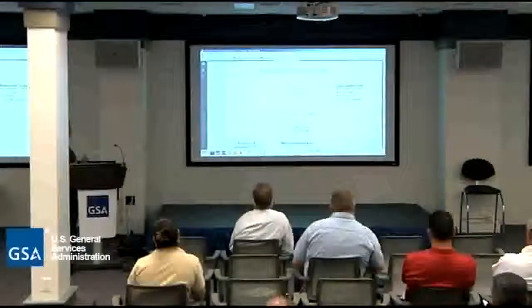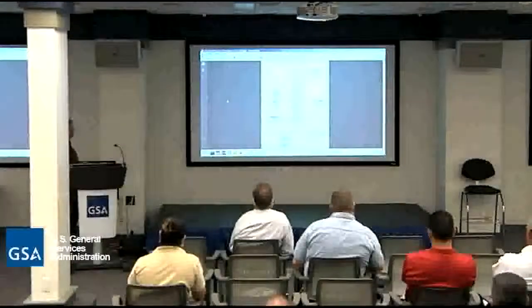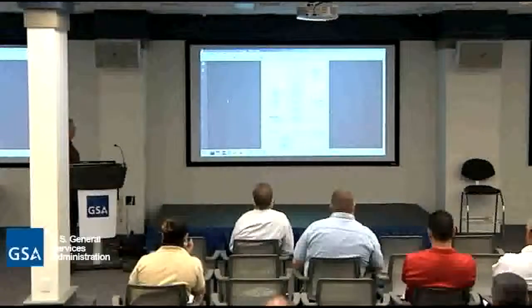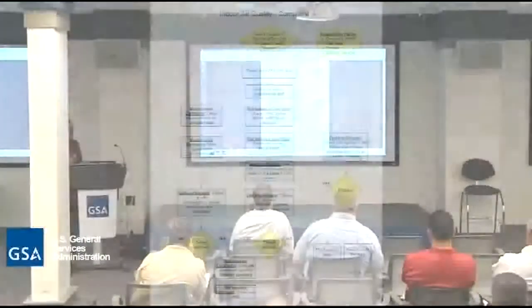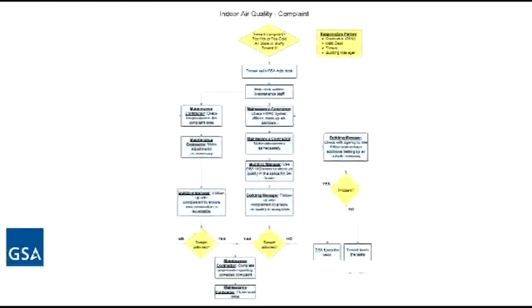Second part, which is more applicable out here on the center, is for indoor air quality complaints. This is related to too hot, too cold, it's stale, I smell a smell, etc. GSA will receive this information.